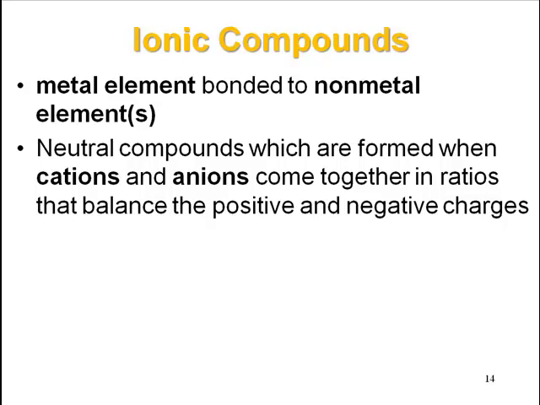Same amount of positive comes together with the same amount of negative. They are called salts. Sodium chloride or table salt is just one of these salts. Anything with a cation and anion that balances out its charge is called a salt, or an ionic compound.